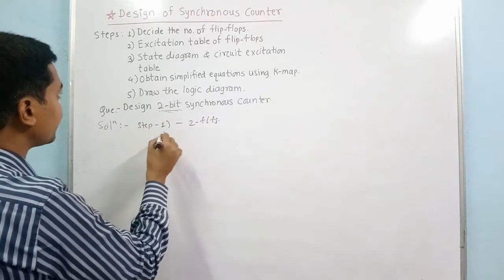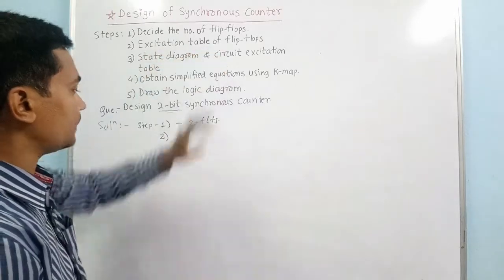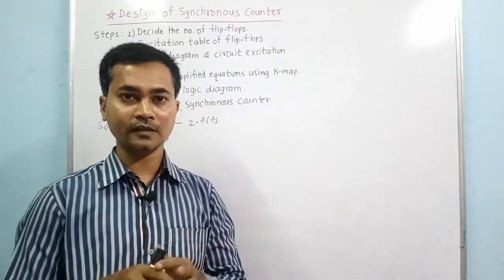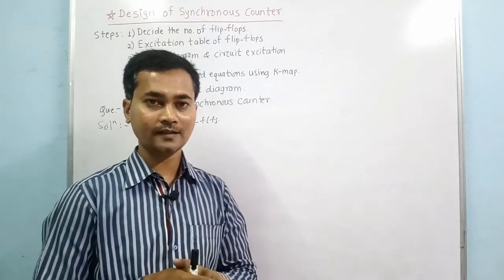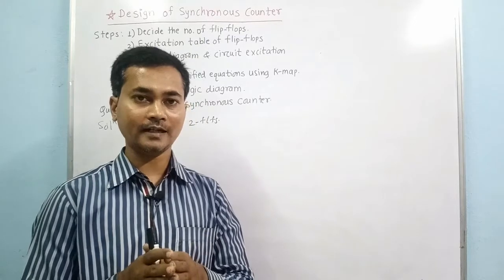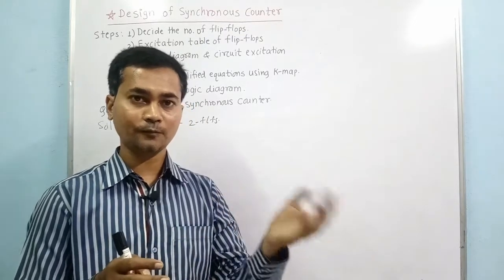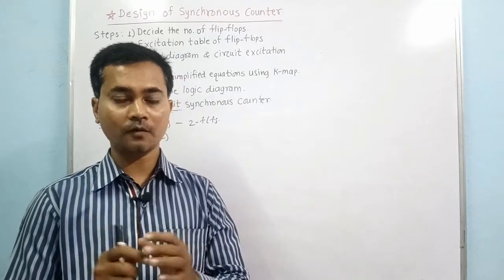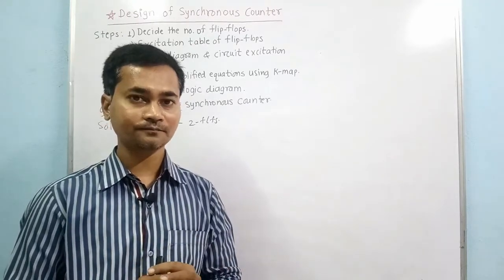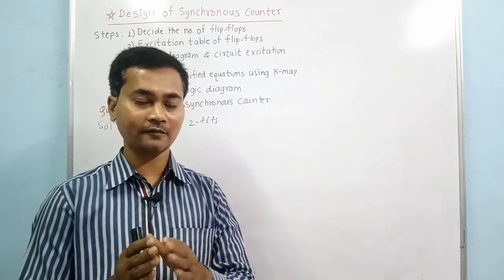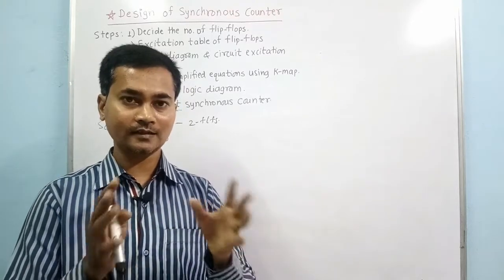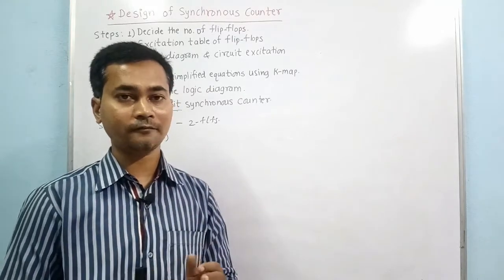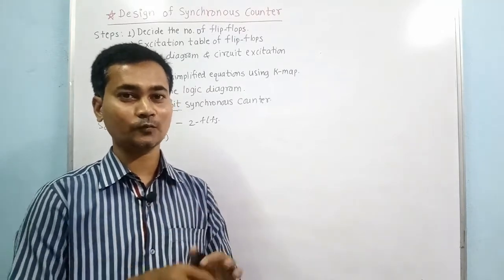Step number 2 is the excitation table of flip-flops. Now this term is new for you. The excitation table means that for a given present state and next state, we have to find out the input values of J and K. Consider the present and next states as inputs to the excitation table, and we have to find the flip-flop inputs as the output.